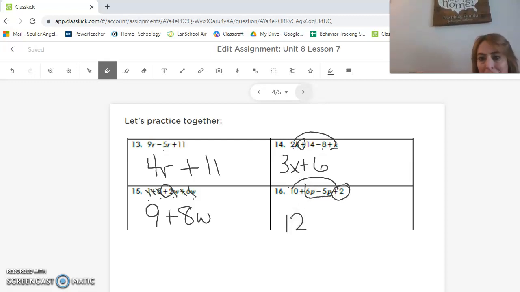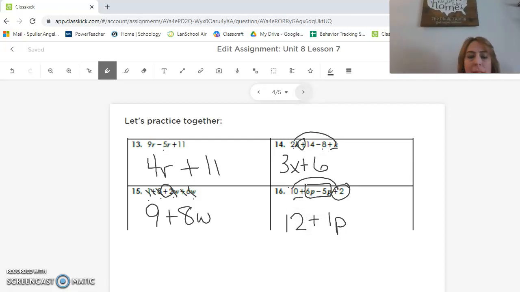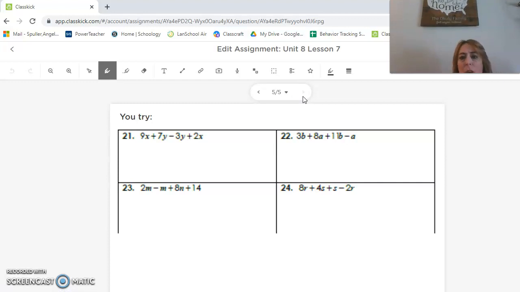And 6 minus 5 gives me 1p, or just p. And then I have the plus. All right, now it's your turn to pause the video. Go ahead and try these 4 problems, then come back and see if you got them correct.